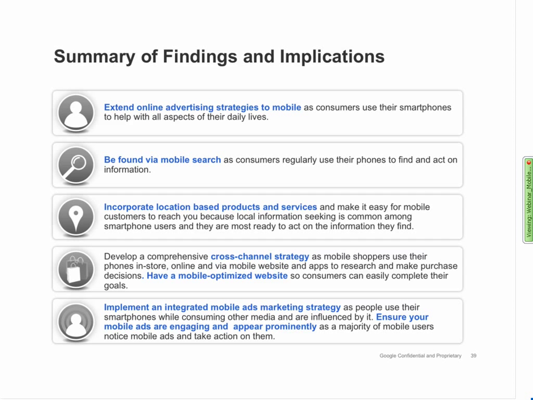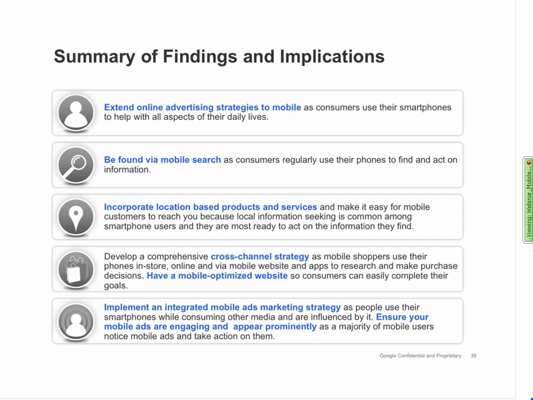So if you want to point people to the store locator because you know that's a common thing people are looking for, within your search ad, you can have a link to the store locator. Or if you know that mobile users tend to buy a certain product more than desktop users, you can surface a link to that particular product page. So think about different ways that mobile consumers are trying to purchase and navigate and make it easy for them.